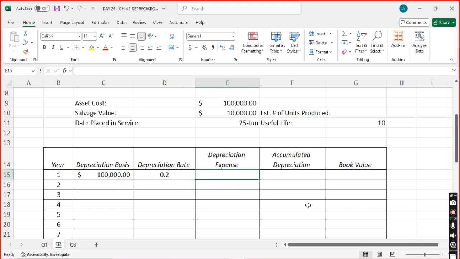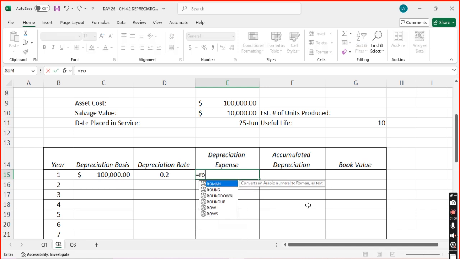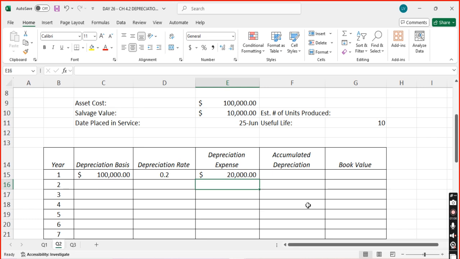So therefore, what is the depreciation expense for the first year if you're going to do 20% of 100,000? Basis times rate. Basis times rate will give you 20,000. Okay? All right.